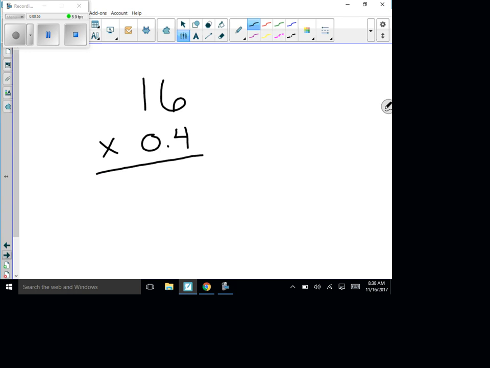Okay, here we go. So multiplying these out, we have 4 times 6, it's 24. Then you go 4 times 1 is 4, plus 2 is 6. Now you have 64. Your answer is not 64 because you have to look at the decimal right here.